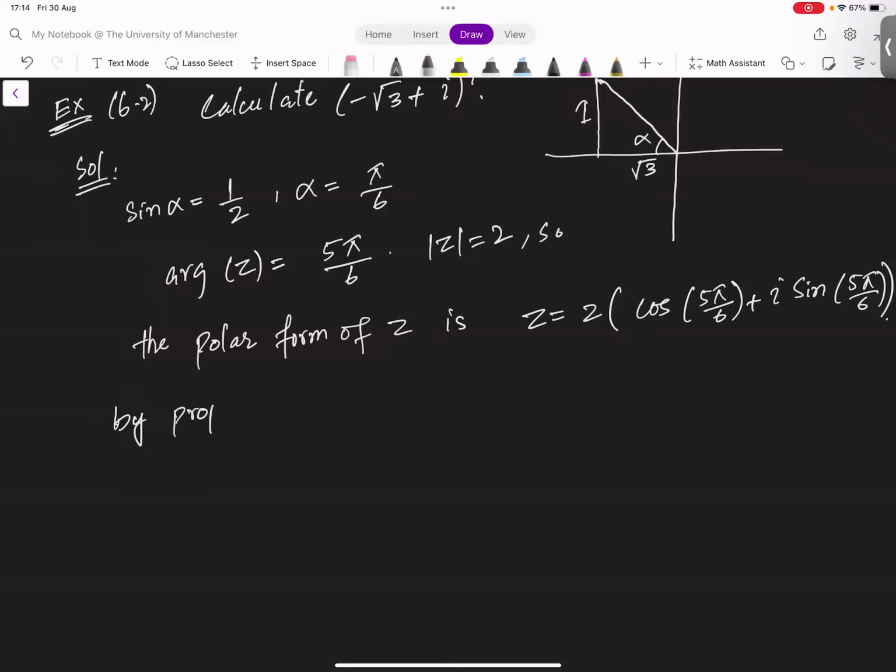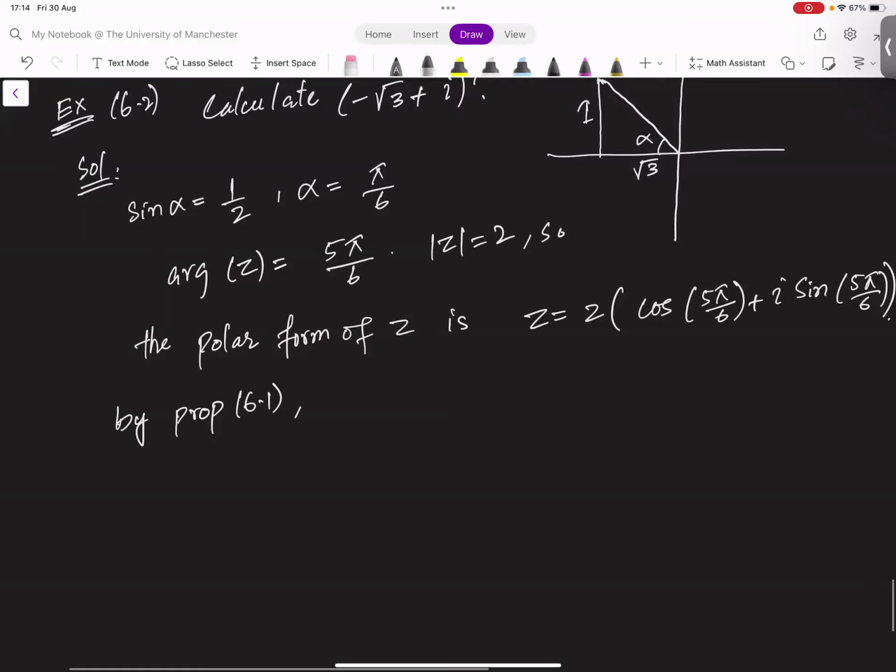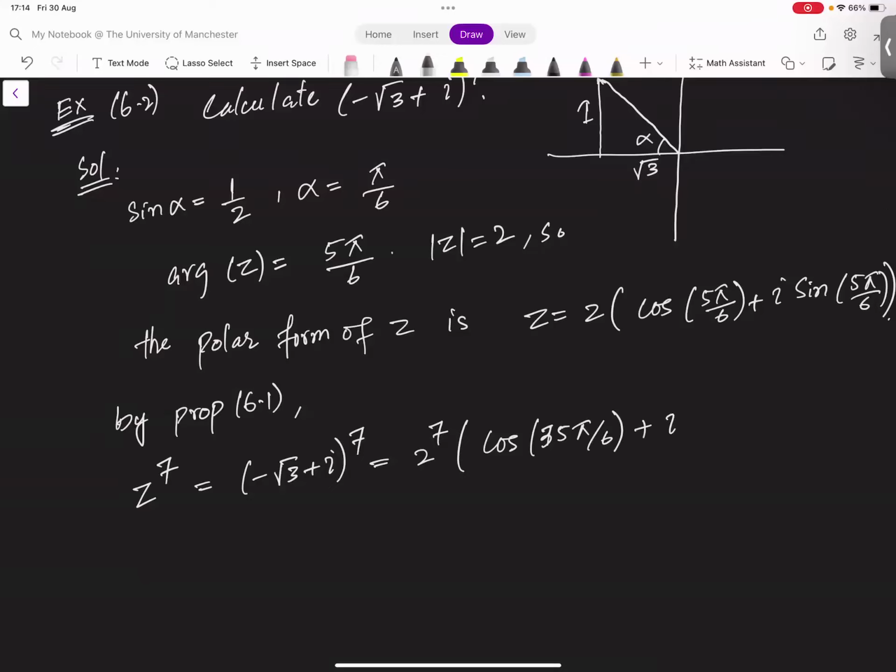By proposition 6.1, what we get? Z power 7 is minus under root 3 plus iota power 7. That is 2 power 7 cos 35 pi by 6 plus iota sine 35 pi by 6.